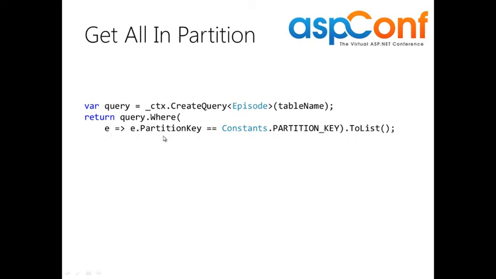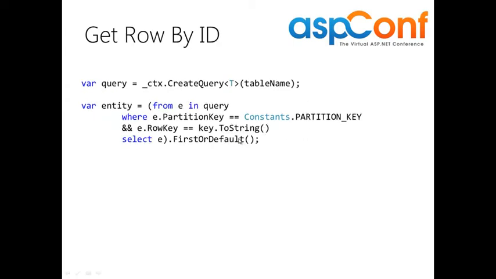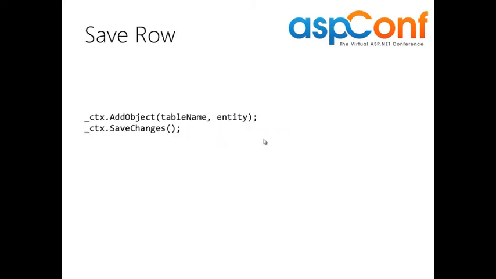We've got kind of the lambda syntax where we're looking for everything within a given partition key, or we can use the more SQL-like LINQ to take that IQueryable here and do from e in the query where partition key equals some constant and row key equals some value, and select e. That should select just one row, at most one row, because the partition key and row key are unique. And we said FirstOrDefault will return either that particular row, or if none is returned, it'll just create a default for us.